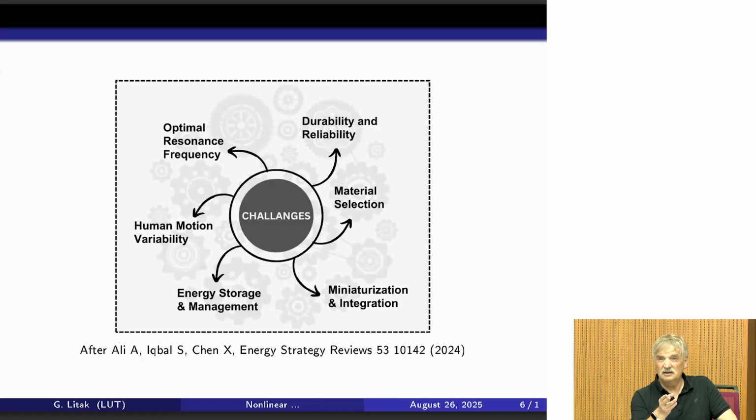We have some other challenges like energy storage. Energy storage is another point, because we also design our harvesters. This is a little bit related to energy storage, and management is more related to power electronics, because we need to transform the voltage.